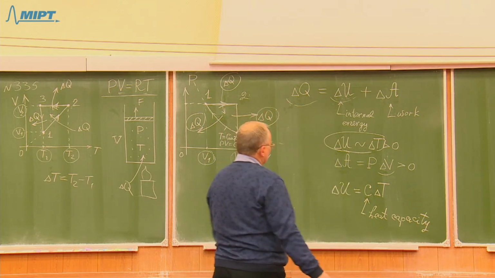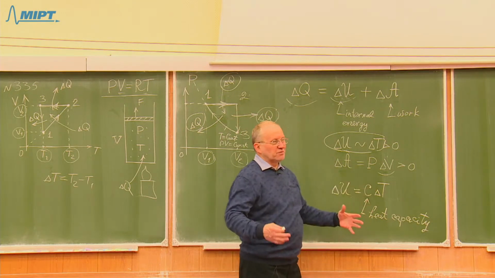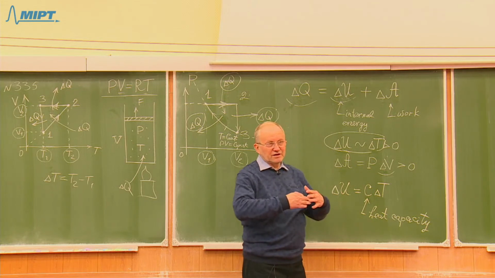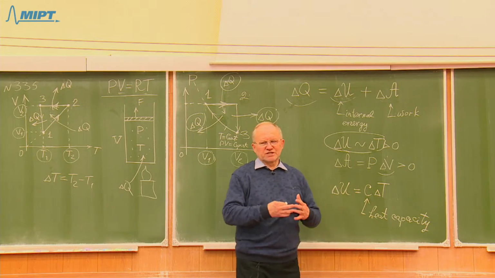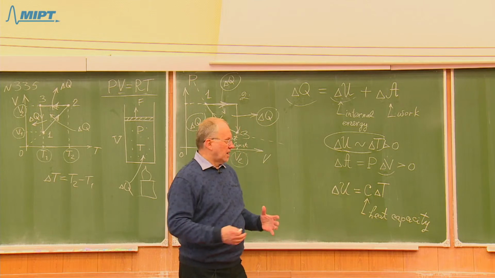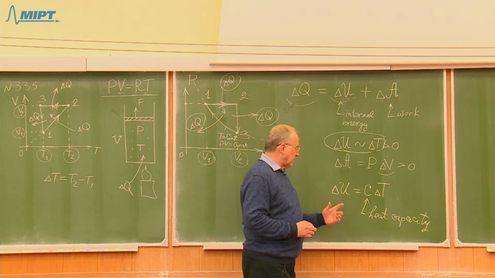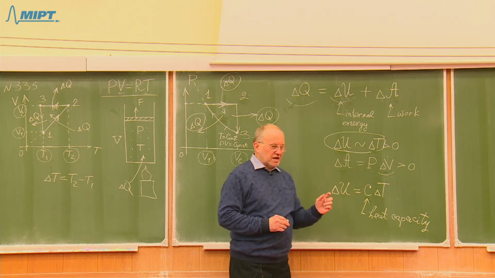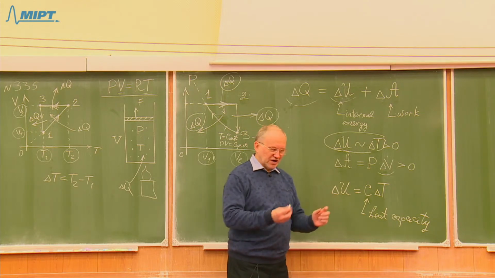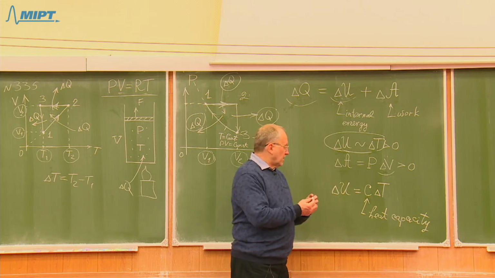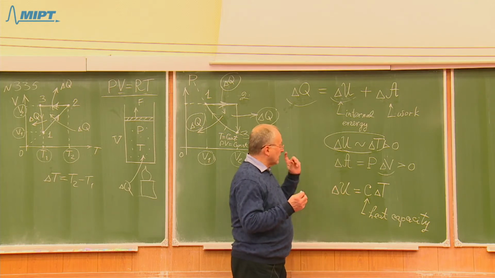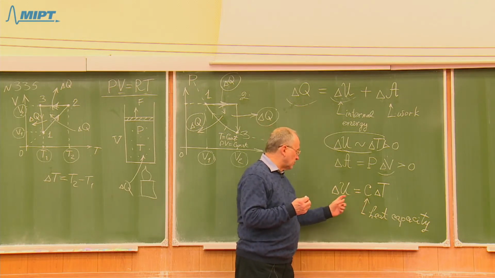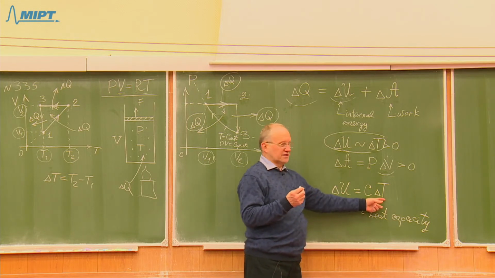It's obvious that the heat capacity of any object depends on the amount of substance, on the mass of the object. If you take a small object, say a 5 gram piece of chalk, you will need a small amount of energy to increase its internal energy and its temperature by 1 Kelvin.